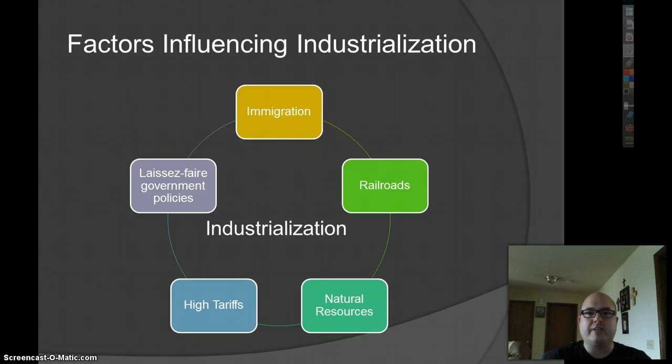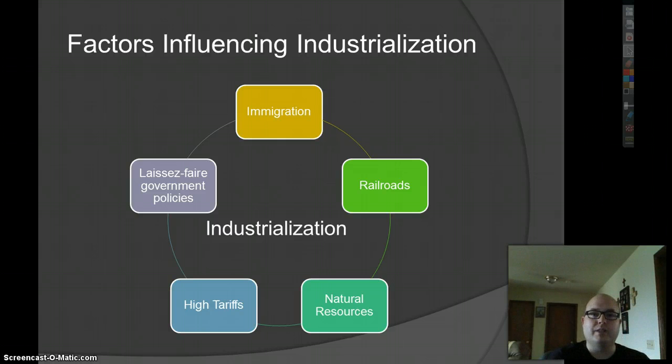Alright, what are the factors that cause industrialization? There's 5 of them. Alright, first immigration, then the railroads, an abundance of natural resources, high tariffs, and laissez-faire government policies. Now we're going to learn about each one of these throughout.